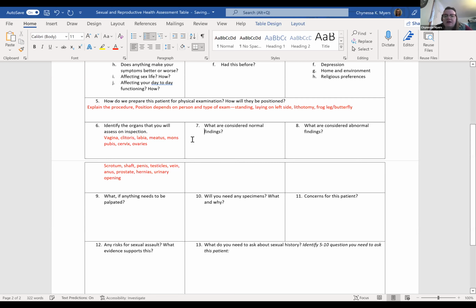Very good. All right, so normal findings then, what are considered normal? Left testes lower than the right. Yes, that is true. Let's do female first. Darker coloration than regular skin. Yep. Not symmetrical if they've had a vaginal labor. Right.